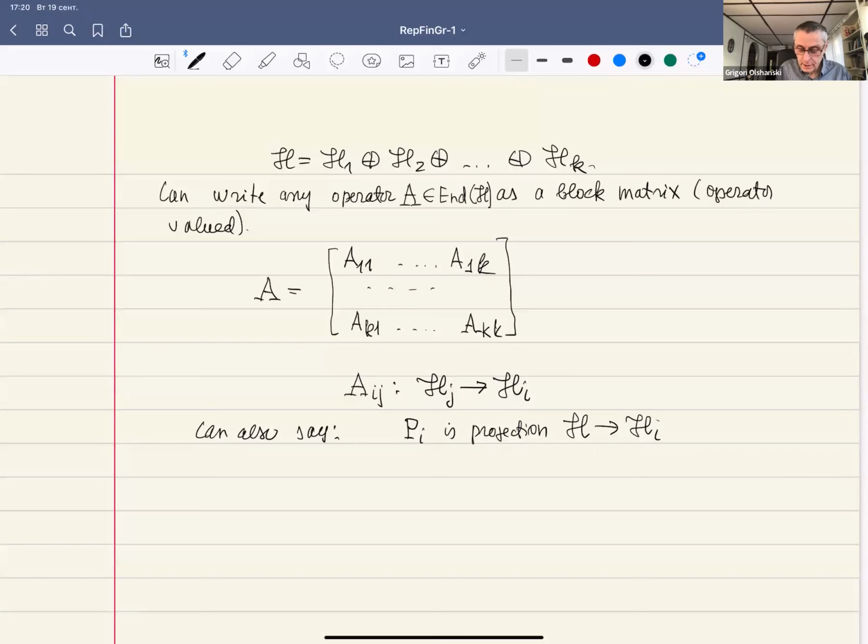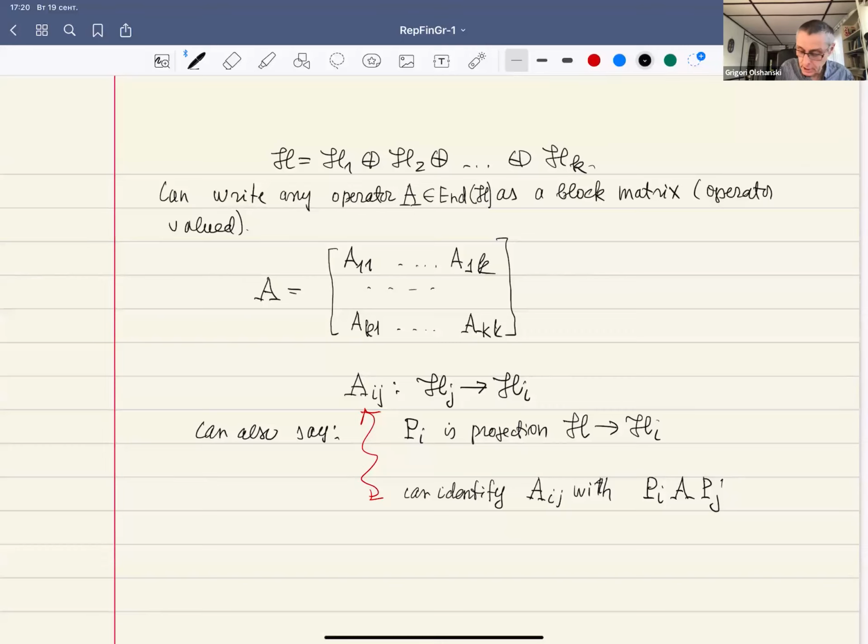So we can identify this with this. This is not exactly the same, but these two objects can be identified.